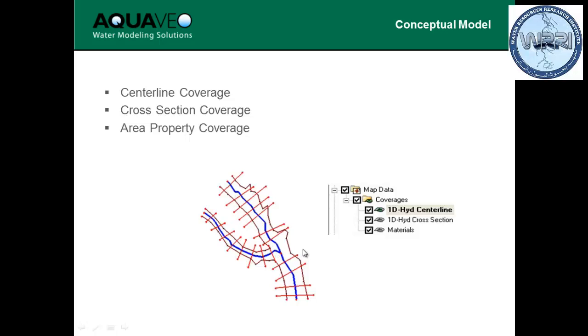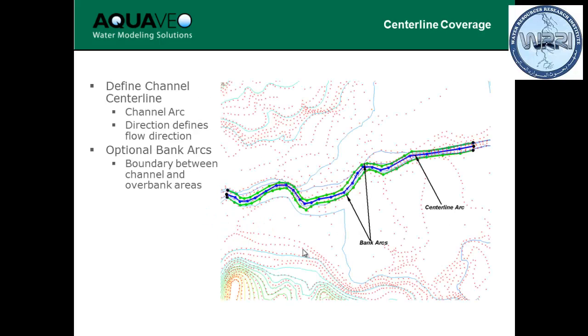And then as an option, you can define something called an area property coverage. And your area property coverage has polygons that represent different Manning's roughness values. So maybe you have one polygon that represents a commercial area, another polygon that represents your river channel. Yeah, it's kind of like land use.